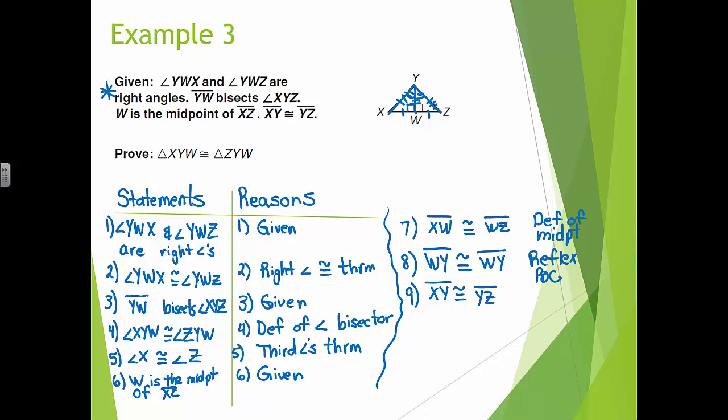That was given to us. And so now we've got 3 pairs of congruent segments. So what we're trying to prove is that triangle XYW is congruent to triangle ZYW by the definition of congruent figures or congruent polygons.